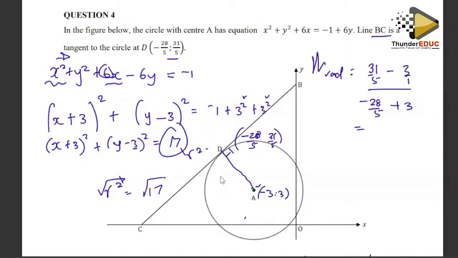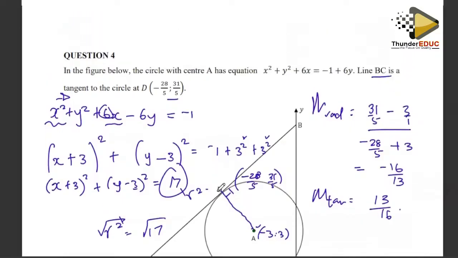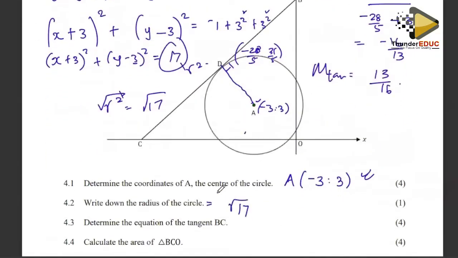Okay, so when you punch all this in the calculator, we end up with negative 16 over 13, meaning that the gradient of the tangent is just the negative reciprocal of this, which is 13 over 16. Do we have a point that we're using? Because they want the equation. So we can use the same point, the 28 and so on.